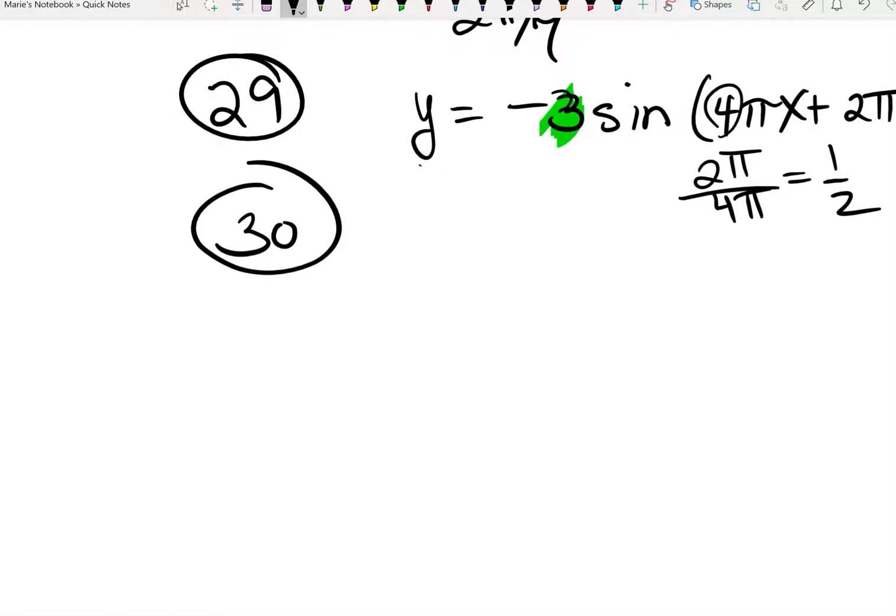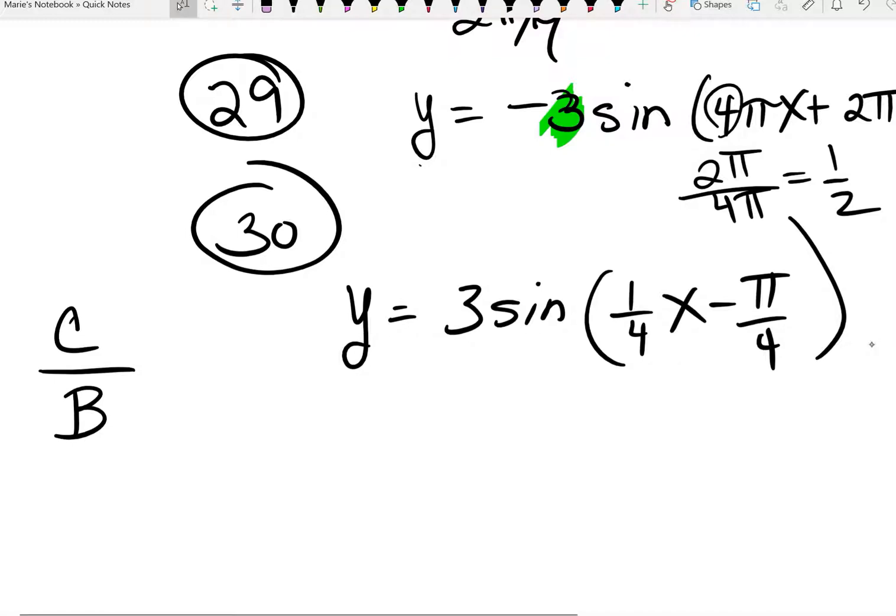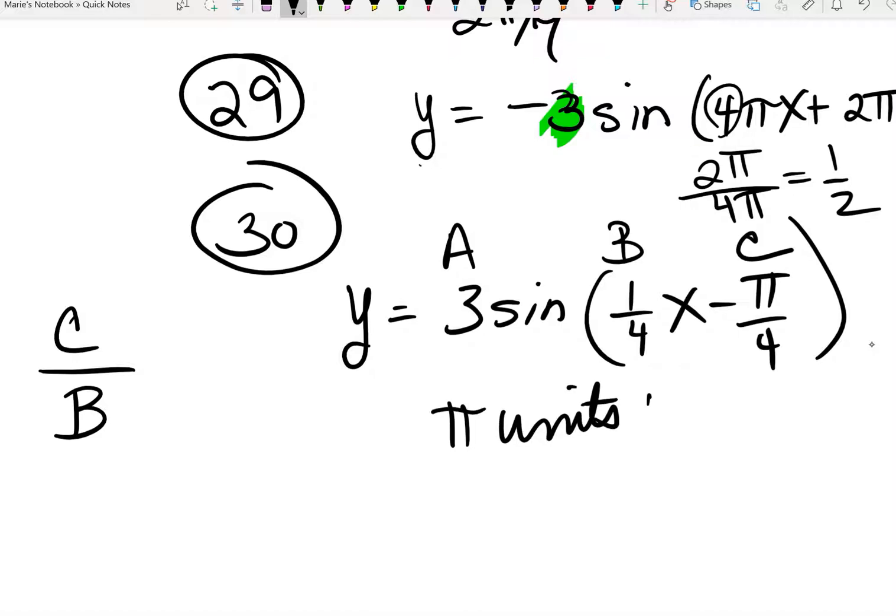Alright, and for number 30, determine the phase shift of the function. And you have y equals 3 sine 1/4 x minus pi over 4. Remember, the phase shift by formula is C over B. This is your A, this is your B, this is your C. And so for number 30, we're going to move pi units to the right.